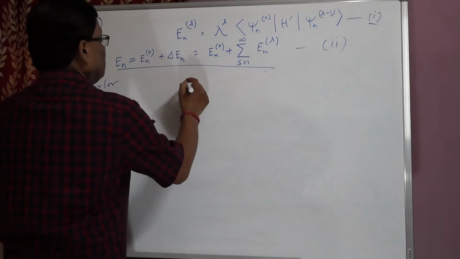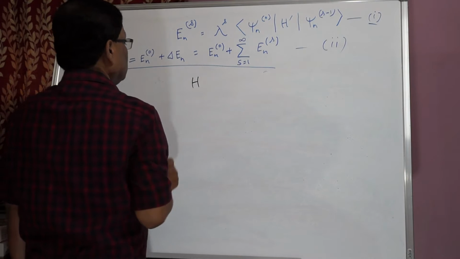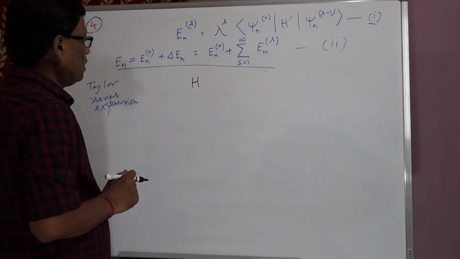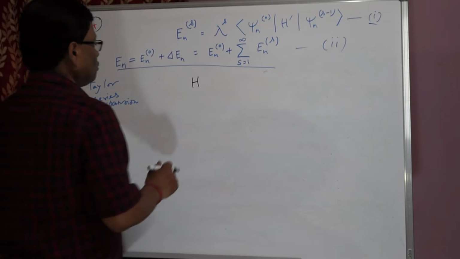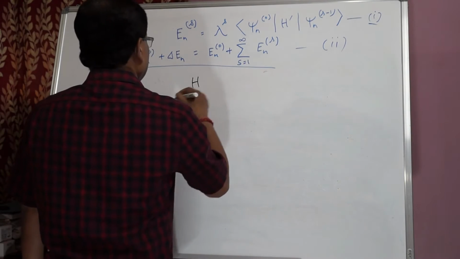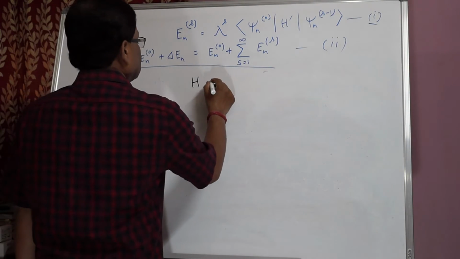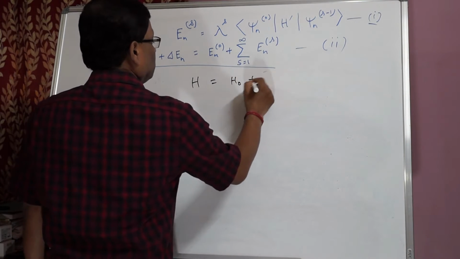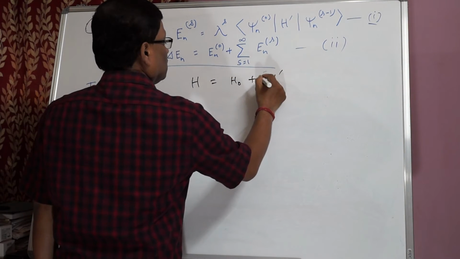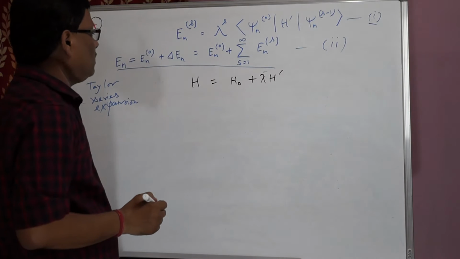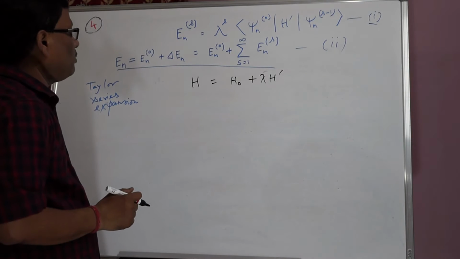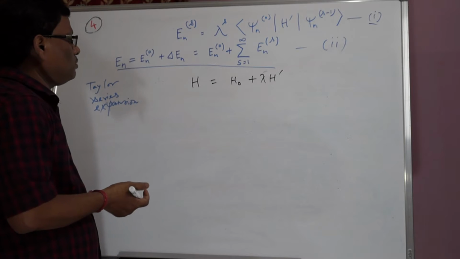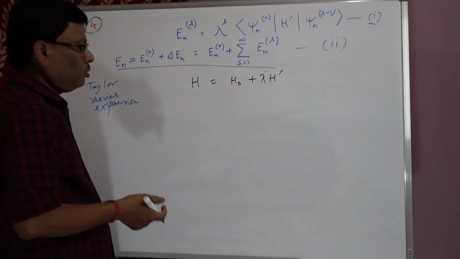Now let us take a Hamiltonian H whose solutions are not known to us. So we can subdivide this Hamiltonian H into two parts, H0 plus H prime. H prime is the perturbed Hamiltonian and H0 is the unperturbed Hamiltonian, whose solutions are known to us.